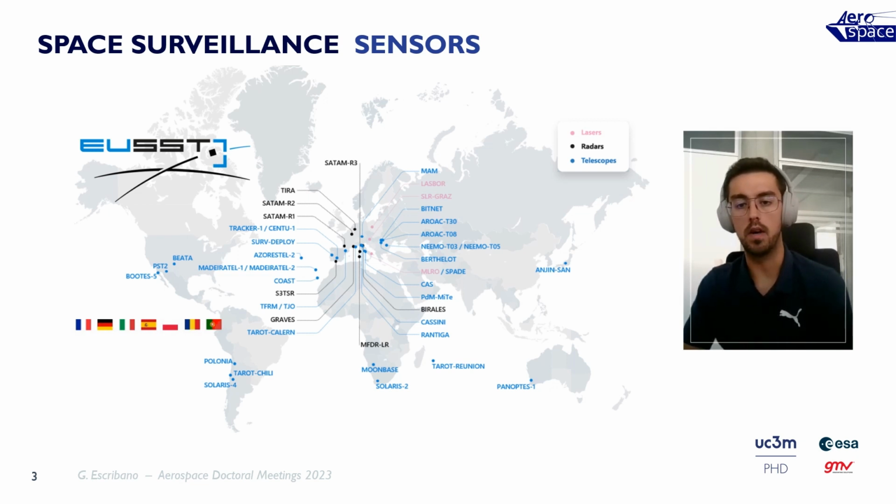Here you can see the one being currently operated by the European Consortium, EUSST, and their end goal is to keep track of Earth orbiting objects in order to maintain the integrity of the orbital environment, mainly by avoiding collisions. So why do we care about maneuvering satellites then?